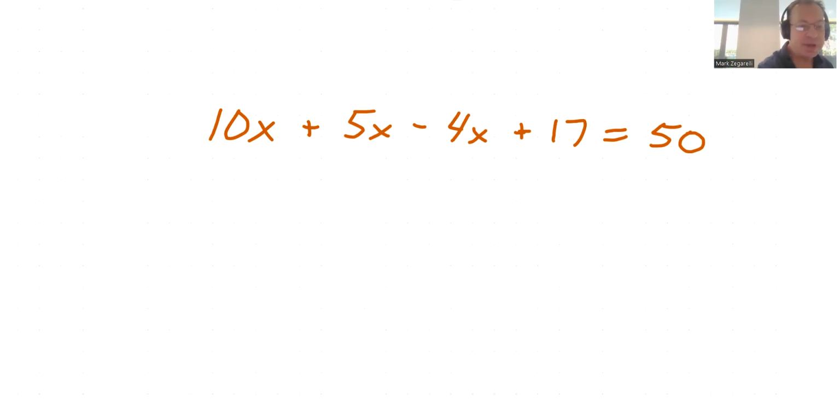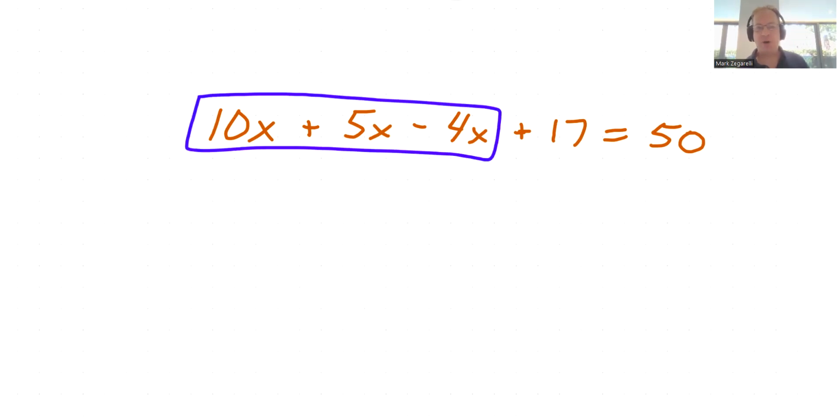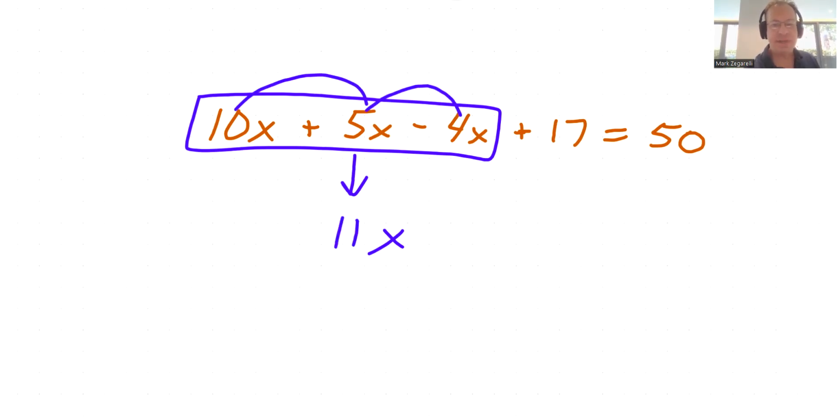So this is where the system comes in. The very first thing we learned is let's simplify all of these x's down to one term with an x in it. 10 plus 5 is 15, minus a 4 gives us 11x. We still have plus 17 equals 50.